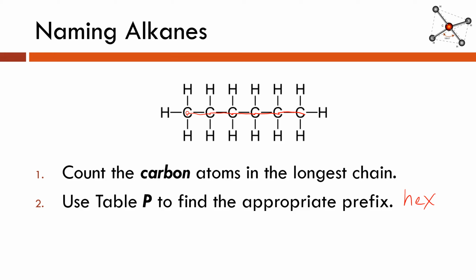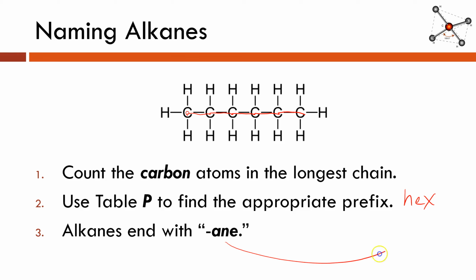Still use your reference table if you'd like to, just to double check. We know that alkanes, regardless of how many carbon atoms are present, are going to end in -ane. So really, we just have to take that ending, tack it on to the prefix, and the name of this molecule is hexane.